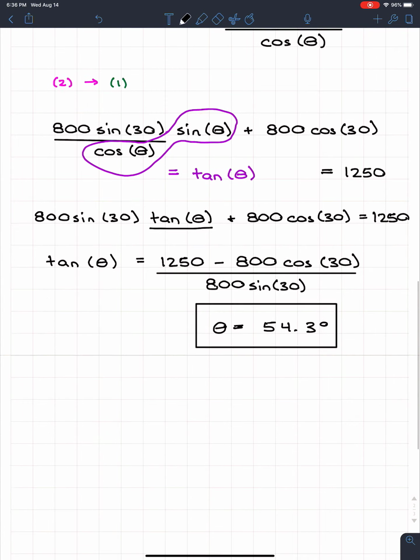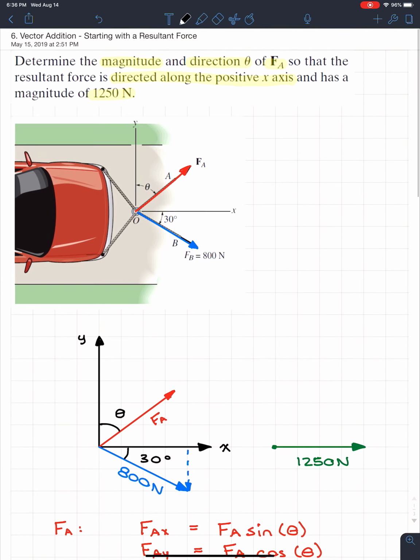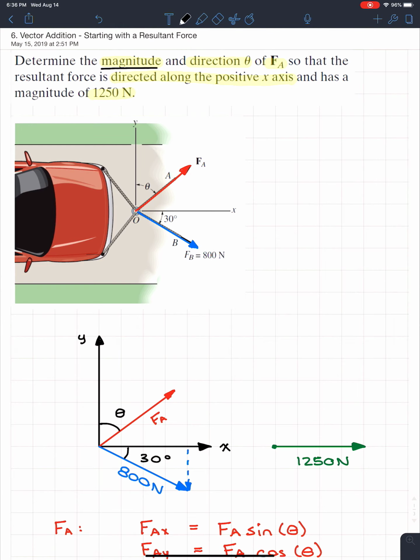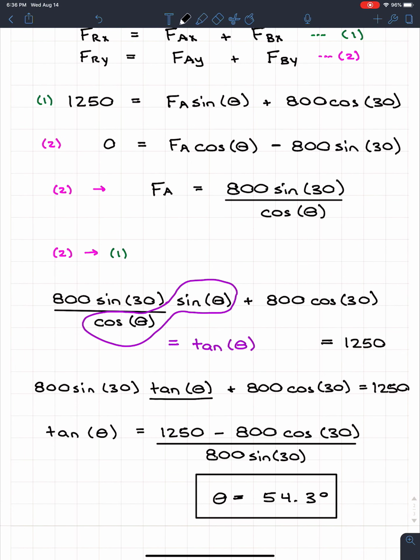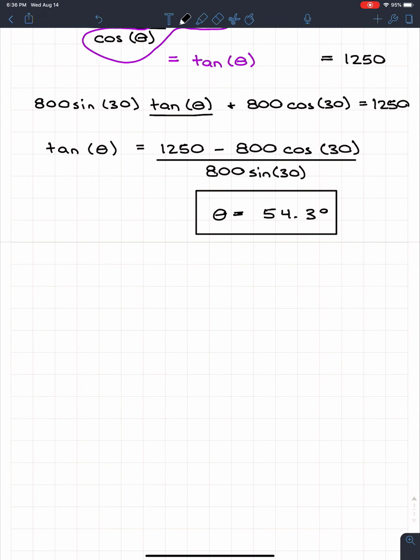However, remember, this is not the final part of the question. The question also wants us for the magnitude. So right here, the magnitude of it. That's already easy because if we look up here in our new equation 2, we have an equation for FA that's based on if we know theta. So I'm just going to go to here and I'm going to put 2.